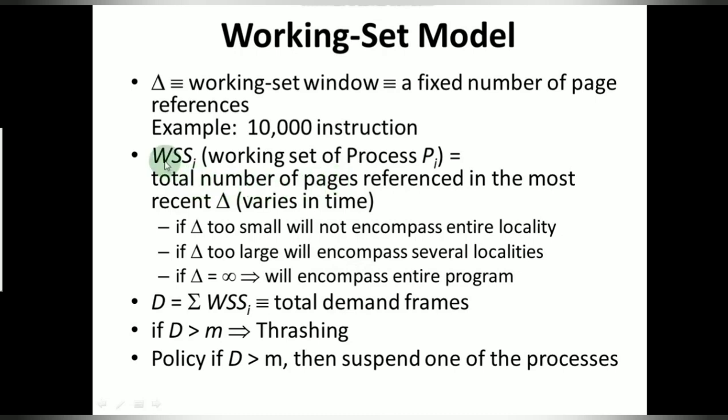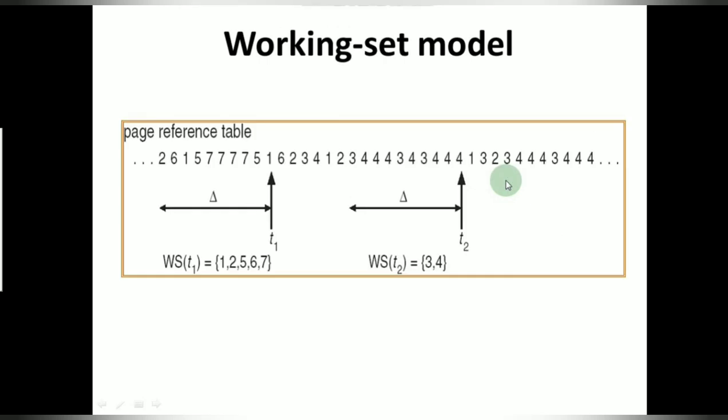Then we define the working set size of a process i as the total number of pages referenced in the most recent delta references. Now you can just take a glimpse of it here. If I say this is the delta, this is the working set window.